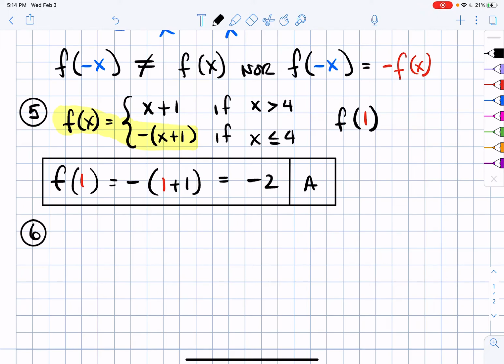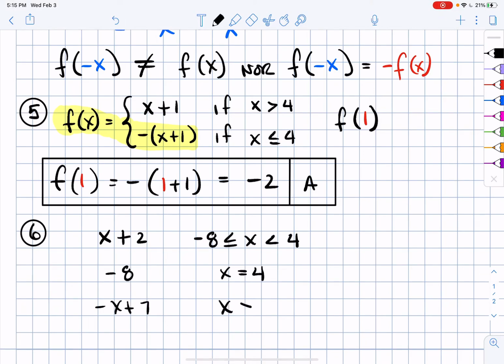We have x plus 2 if x is between negative 8 and 4, and it's going to be negative 8 when x is equal to 4, and negative x plus 7 when x is greater than 4. Okay, so that is what I have.